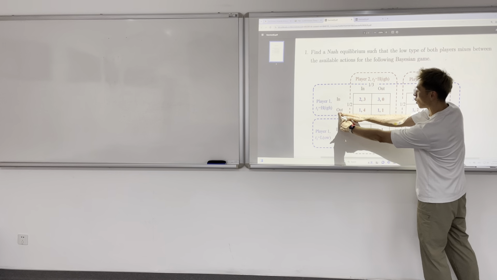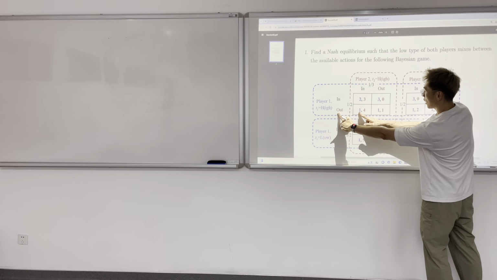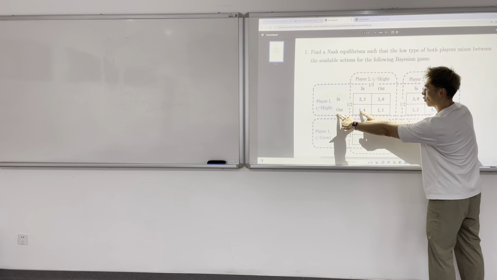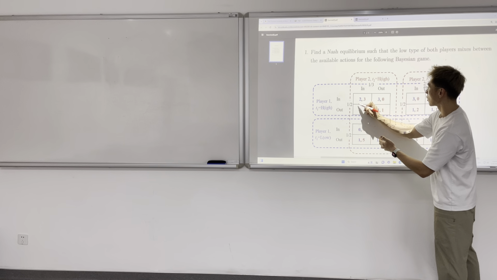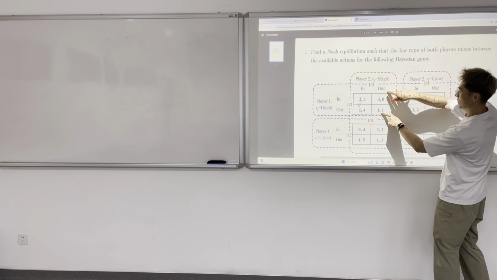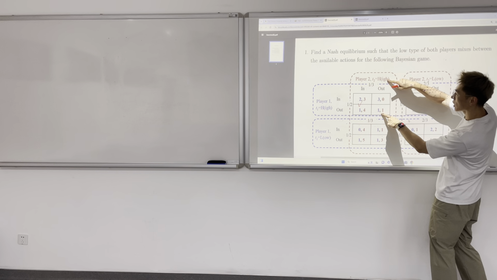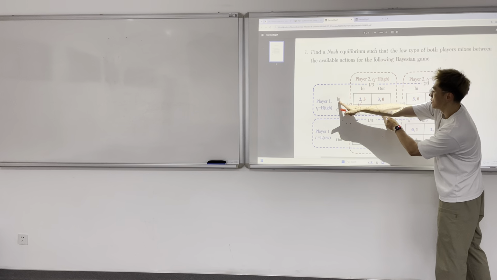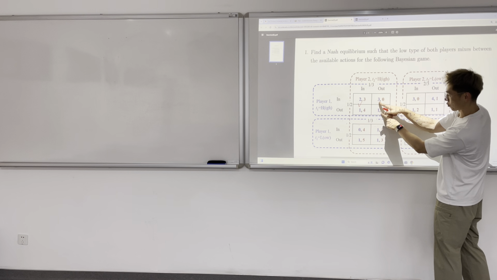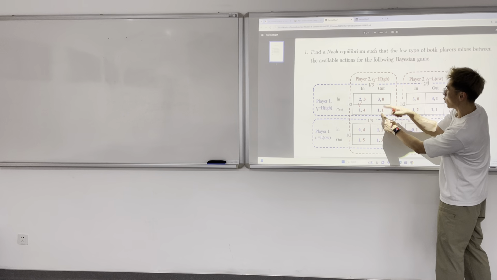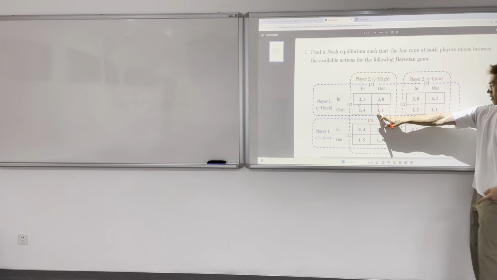If he plays out and the opponent plays in, player 1 gets a payoff of 1. So in is better. The same holds if the opponent is high type and plays out: in gives him a better payoff of 3 than the payoff of out, which is 1.